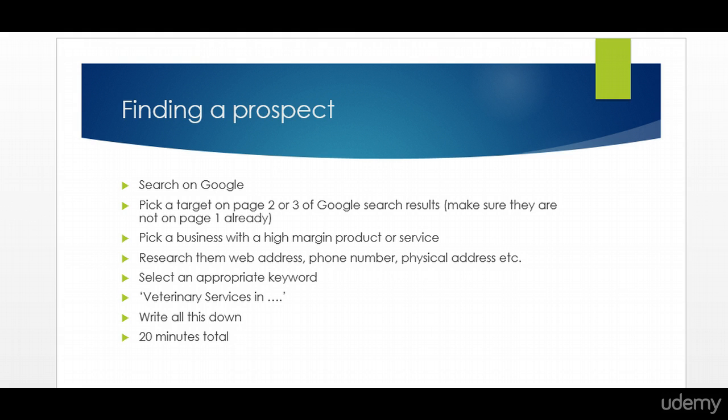For example, and the example I'm going to show you later is on veterinary services. So we'll look for a veterinary service type business, and we'll pick a keyword such as veterinary services in Alabama, veterinary services in Manchester, veterinary services in New York, veterinary services in London, whatever it is. We'll pick that, and I'll show you how to do all of that.